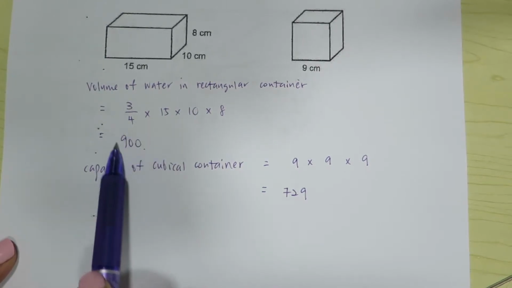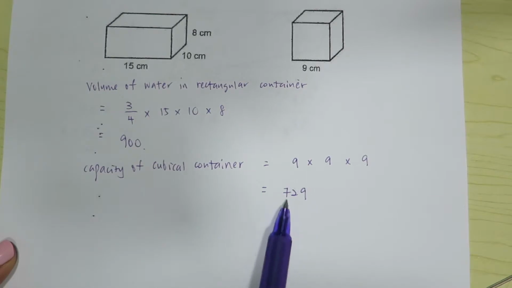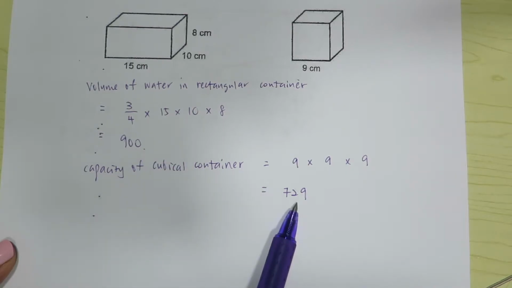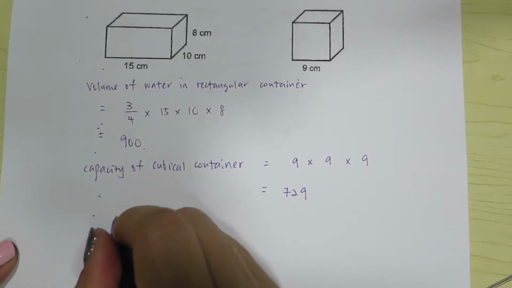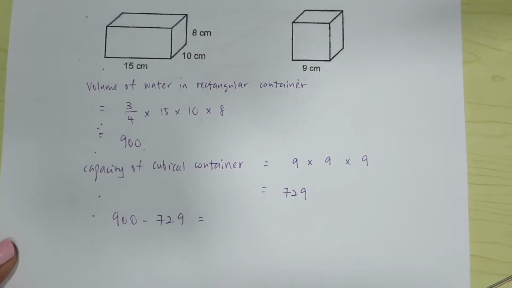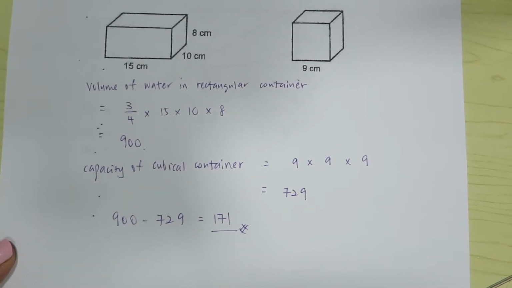So this amount of water in here, this container can fill this one, 729. So if this amount of water is poured into here, this is what we have left in the rectangular container.